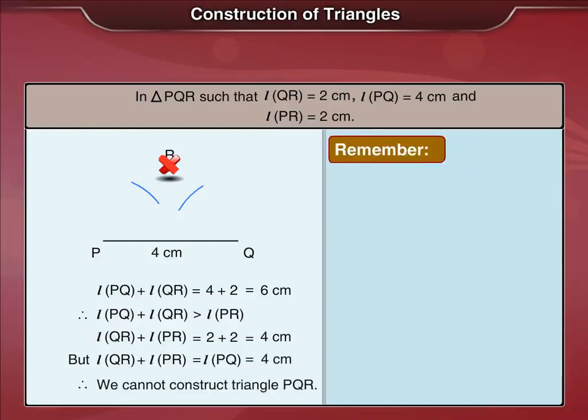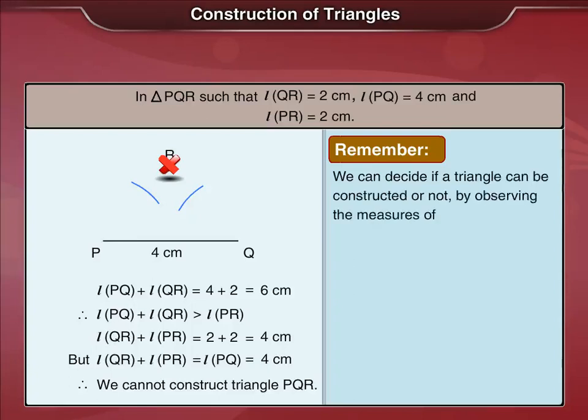Now let us do one more activity. If we are given the measures of all the angles of a triangle and no side is given, can we construct this triangle? If yes, then how many such triangles can be constructed?